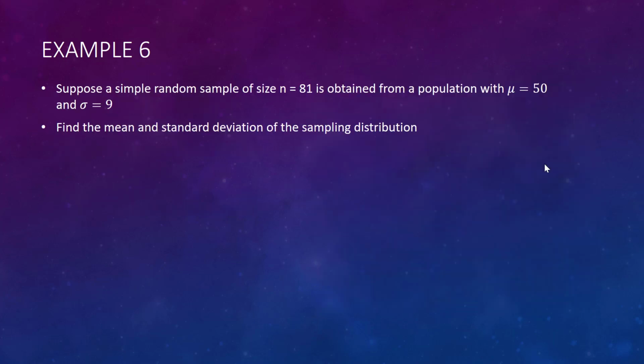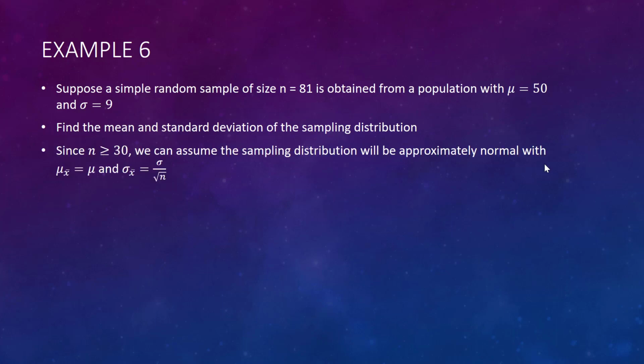Now let's find the mean and standard deviation of the sampling distribution. Since our sample size is larger than 30, we can assume that the sampling distribution will be approximately normal, with our sampling distribution mean being the same as our population mean, and our sampling distribution standard deviation being equal to our population standard deviation divided by the square root of the sample size.